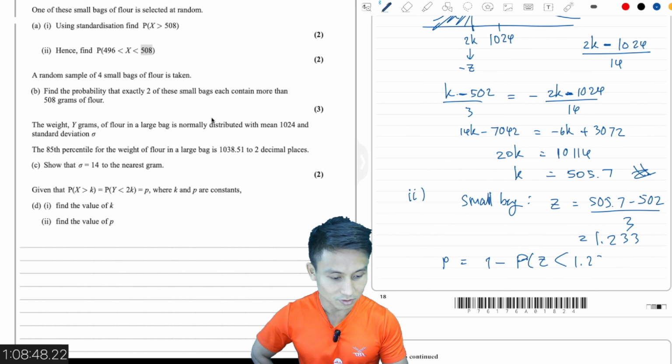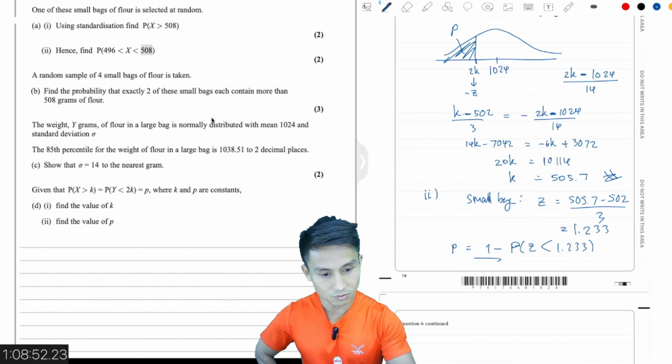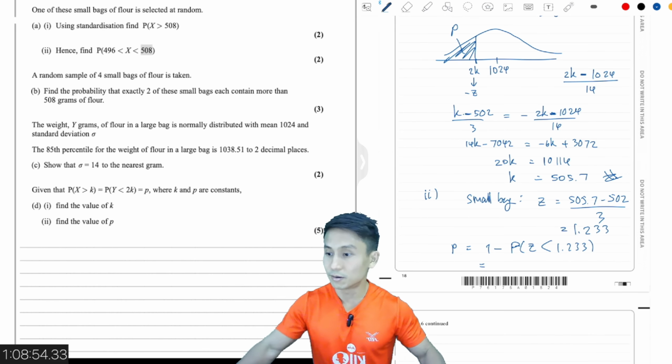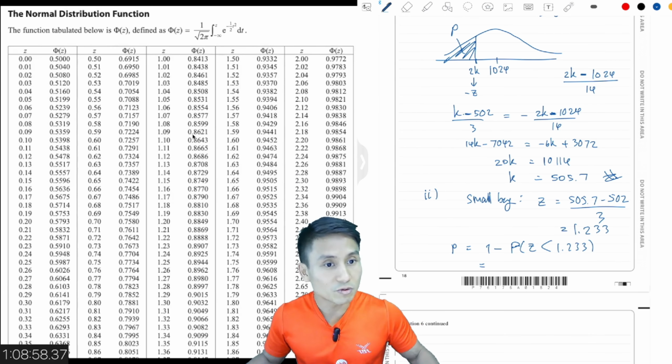P of z less than 1.233. Okay, so if we look at the table, let me show the table again. 1.23. Yeah, we're going to round that to 1.23.